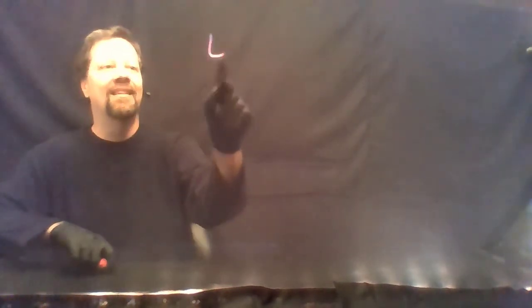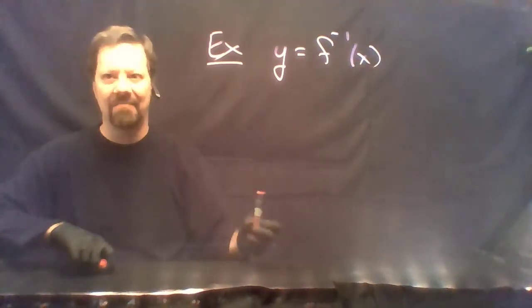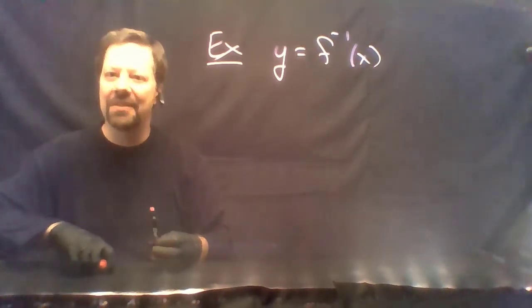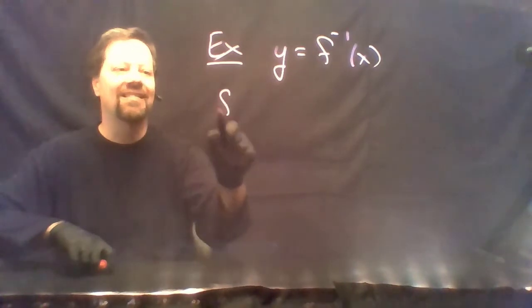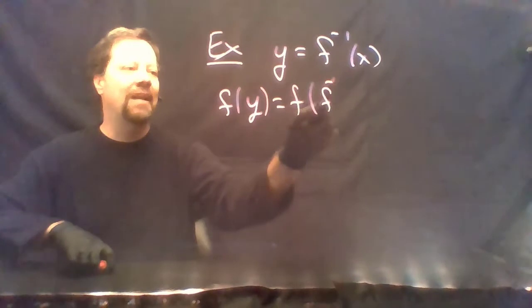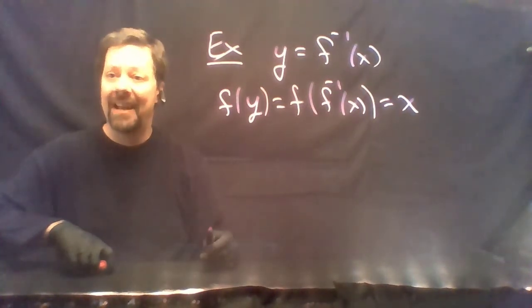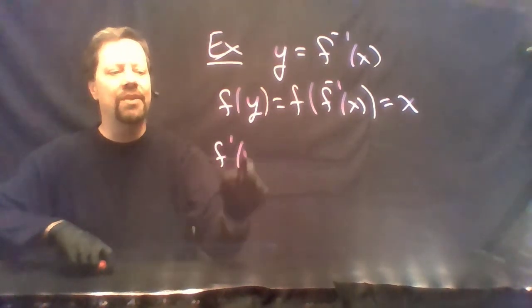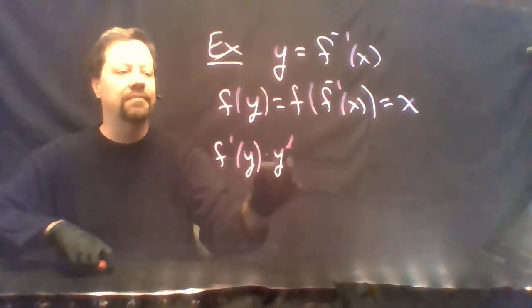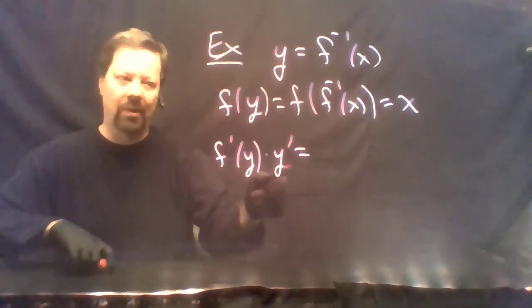There is a slightly more general theory. Let's play this game one more time. But more generally, let's suppose that we have some inverse function, f inverse. If we apply the function f to both sides, then on the right-hand side we just get x. Using the chain rule, the derivative of the left-hand side is f prime of y times y prime.